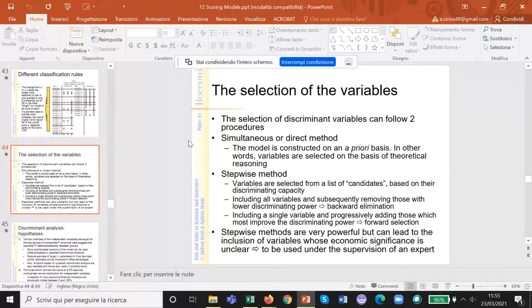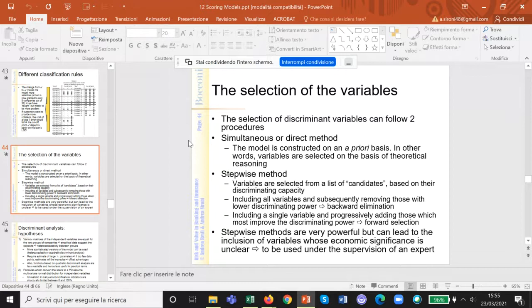But clearly, a discriminant analysis model has typically many more variables, say 7, 8, 9, 10 variables, okay? How are these variables selected? Well, they are selected in two different ways.